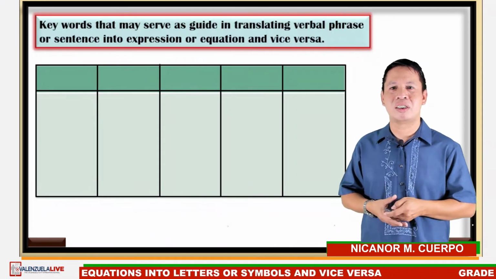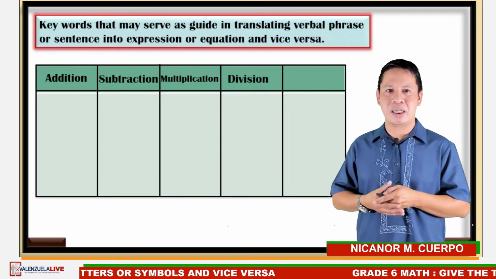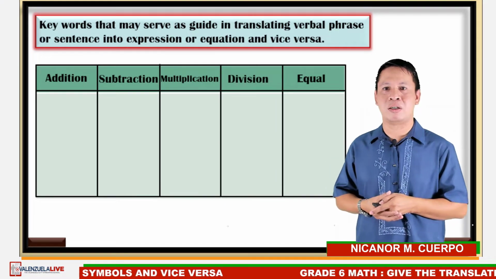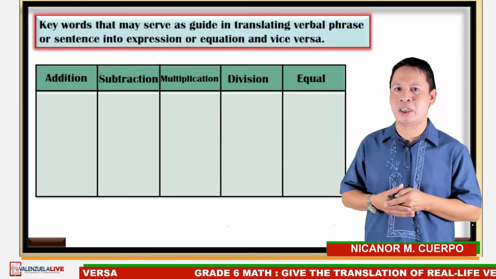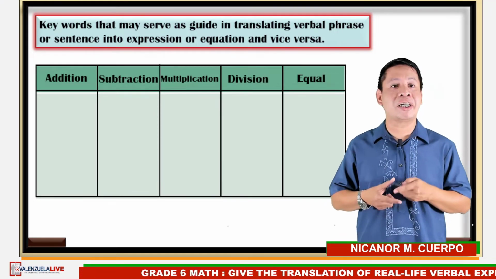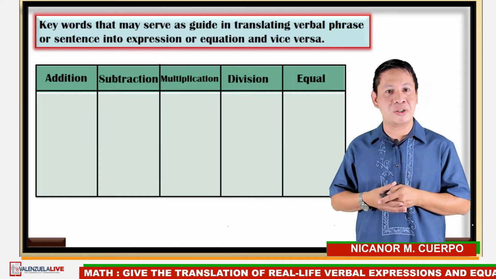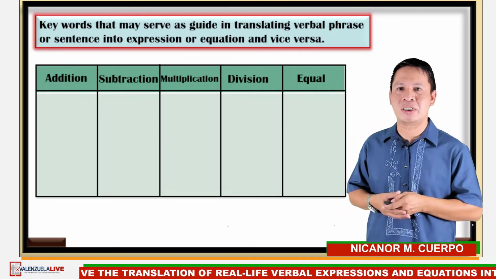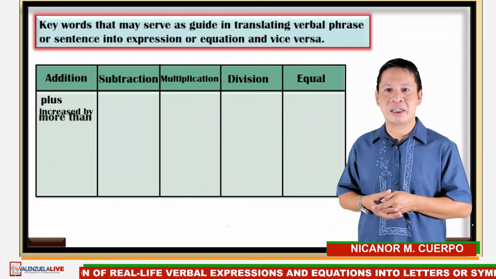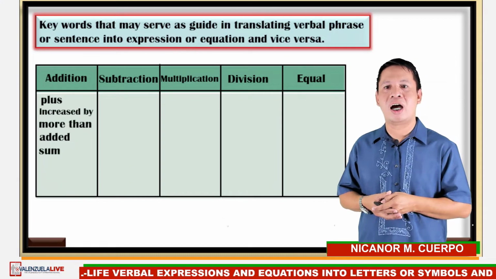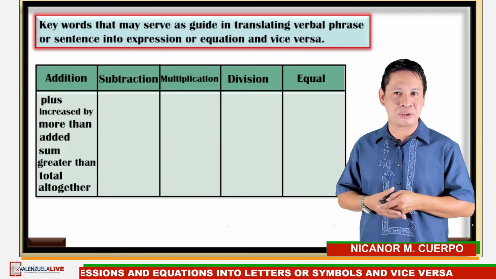Now, there are some keywords that may serve as a guide in translating a verbal phrase or sentence into expression or equation or vice versa, which means there are keywords that will help you determine what operations you are going to use. For addition, some keywords are plus, increased by, more than, added, sum, greater than, total, altogether.